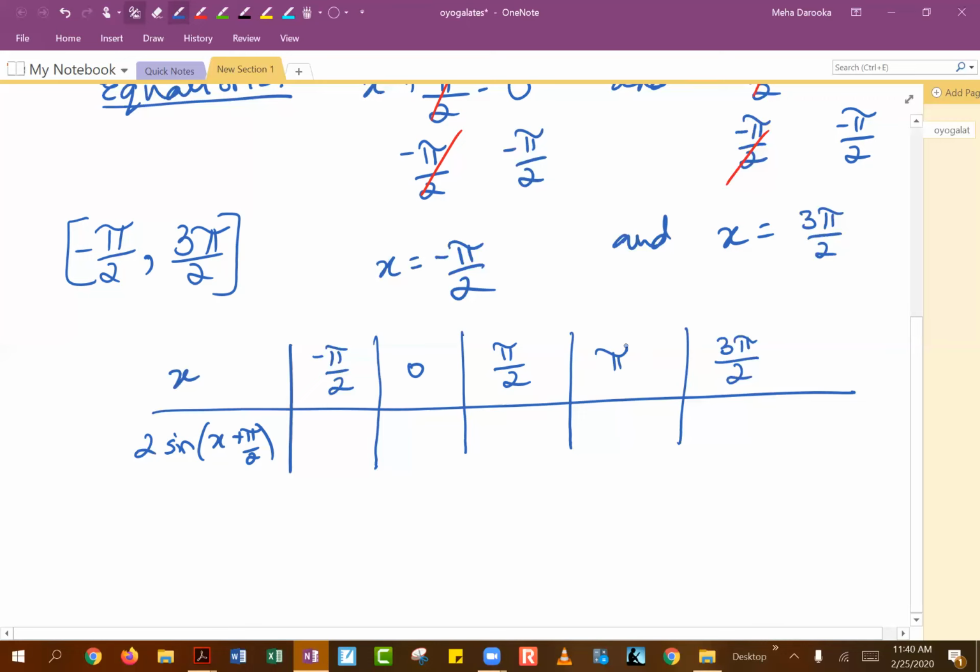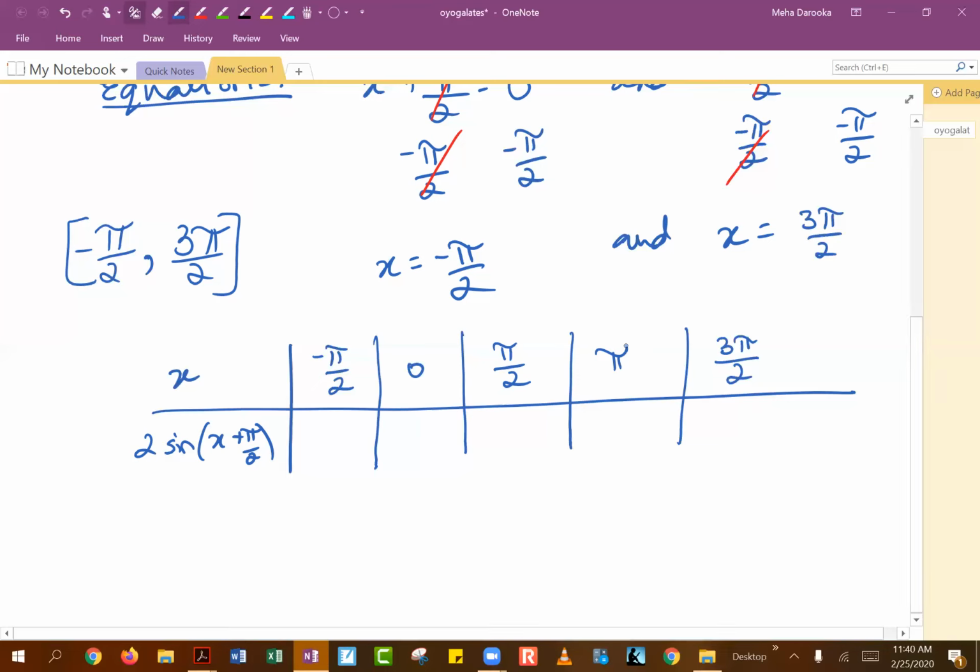Okay, so if I put negative pi halves in here for my x value, what do I get for my function value here? So if this is negative pi halves plus pi halves, what will this guy become? Zero. Yeah, 0, because they cancel each other out. And what is sine of 0? Because that's the starting point on your unit circle, right?